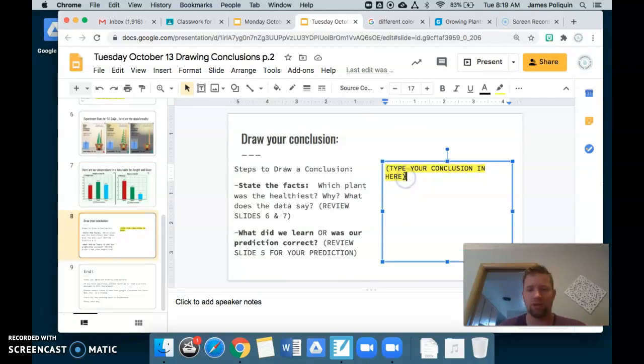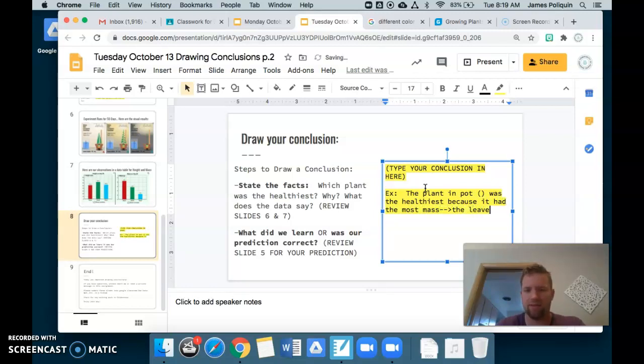So in your conclusion, we should see, for example, the plant in pot blank. So is it A, B, or C? Was the healthiest because it had the most mass.